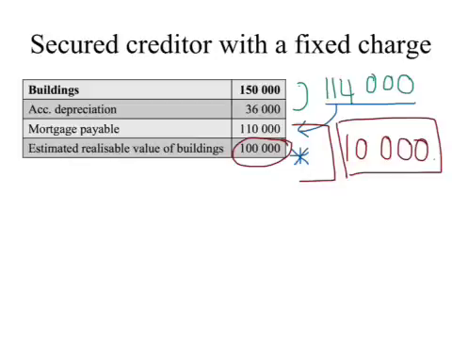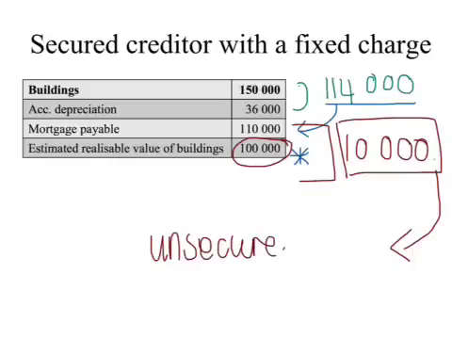But that extra $10,000 is not proved together with the other secured creditors with a fixed charge. The $10,000 actually moves down in ranking, and is proved together with the unsecured creditors, so later down in the process.